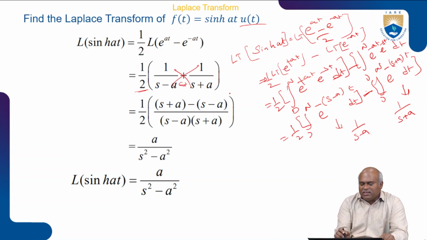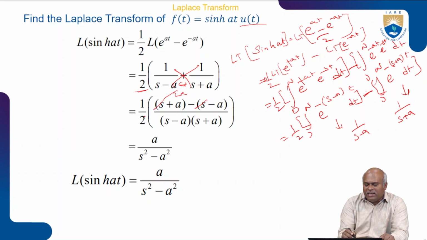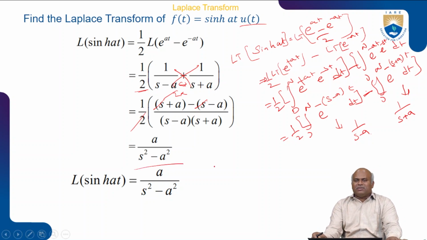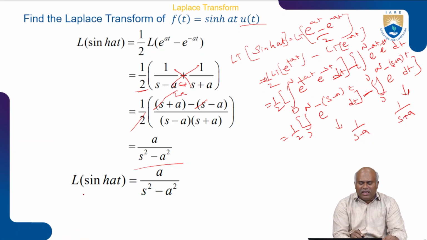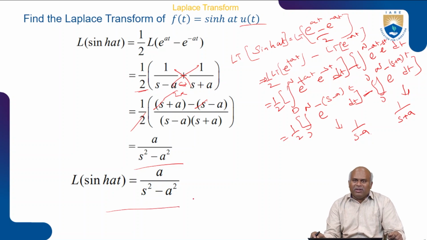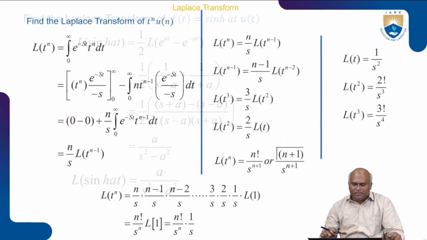So what will happen? This s and this s cancel. We got 2 times a. This 2 gets cancelled. Finally we got a divided by s square minus a square. The Laplace transform of sinh at is equal to a divided by s square minus a square.